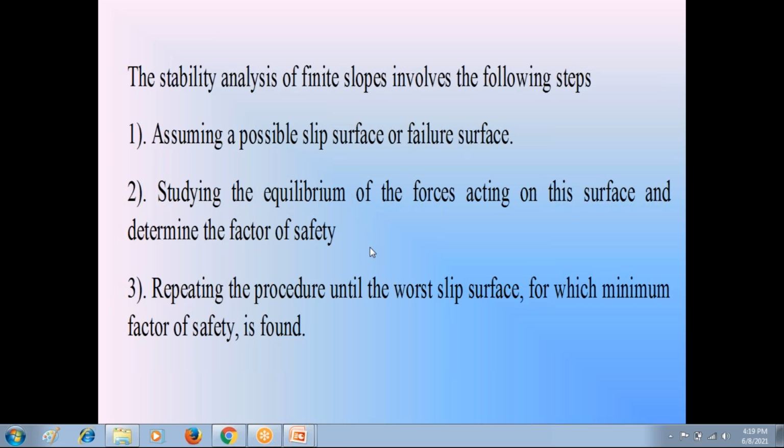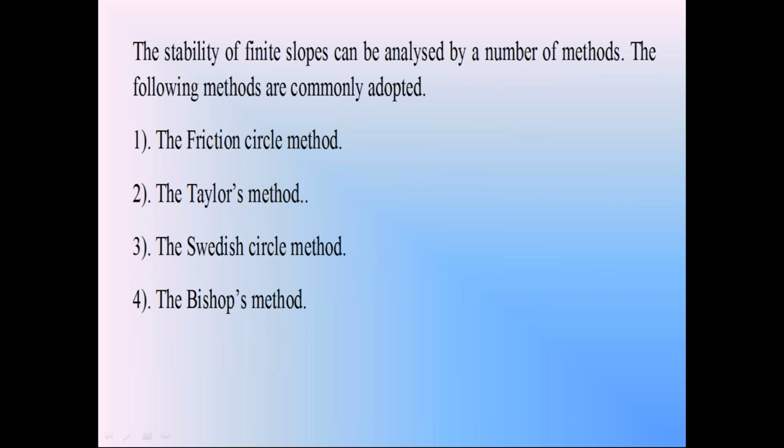Then coming to the next concept, in the stability analysis of finite soil slope, we have four different methods. One is called friction circle method, second one is called Taylor's method, third one is called Swedish circle method, fourth one is called Bishop's method. By using these four methods, we can analyze the stability of the finite soil slopes of earth dams, canals, and also the embankments.